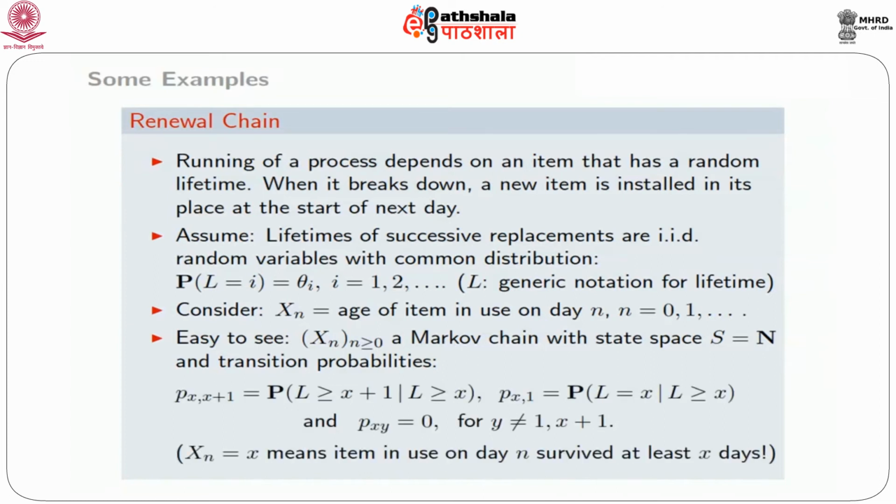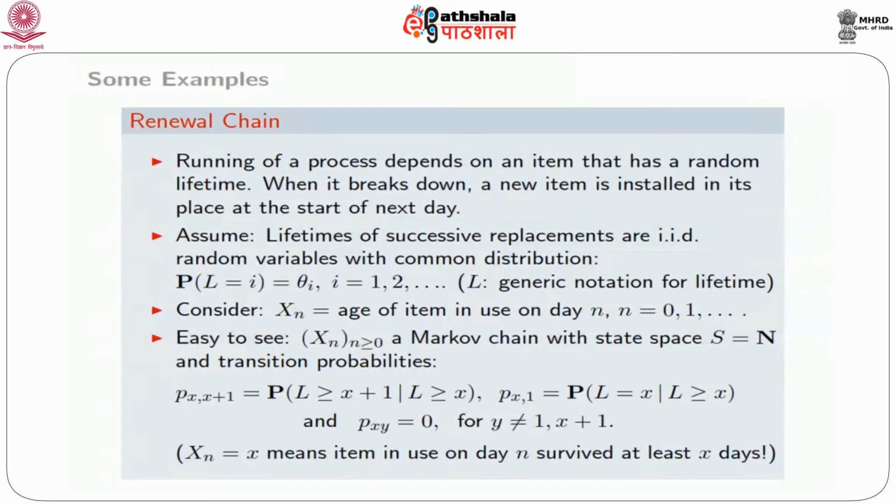Either the same item would still be working, in which case the age would become x plus 1, or the item in use today with age x may break down today, in which case on the next day it would be replaced by a new item whose age would be just 1. So only two values are possible, either x plus 1 or 1. The probabilities are given by these formulas, which depend on the distribution of the lifetime. For all other y's not equal to 1 or x plus 1, p_xy is 0.